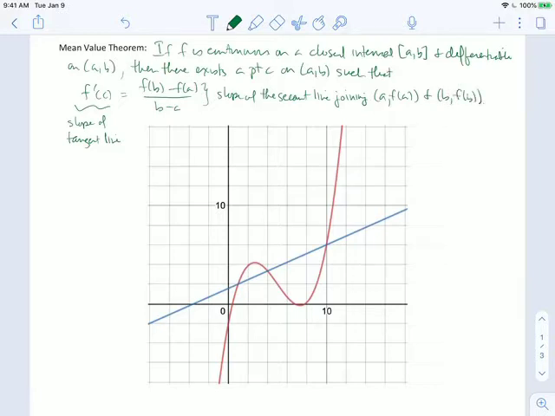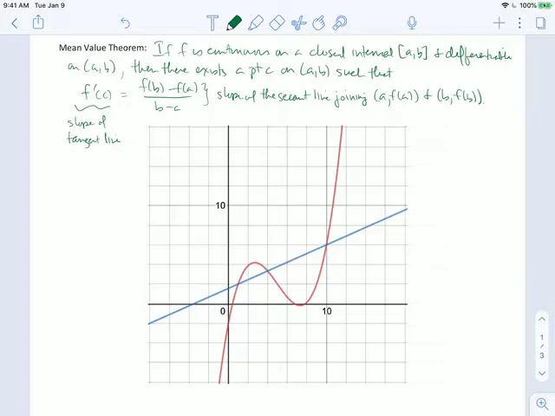So what this result is saying is that as long as you've got a function which is continuous and has a derivative everywhere in between, if you look at the slope of the secant line that joins the two endpoints of the interval, there's always going to be at least one point in between where the slope of the tangent line is equal to the slope of that secant line.